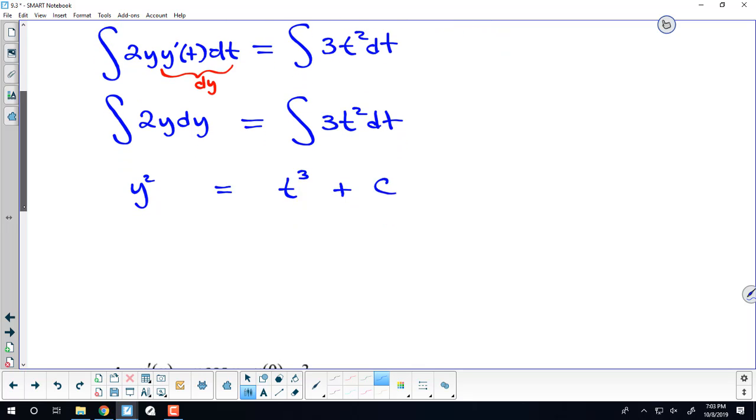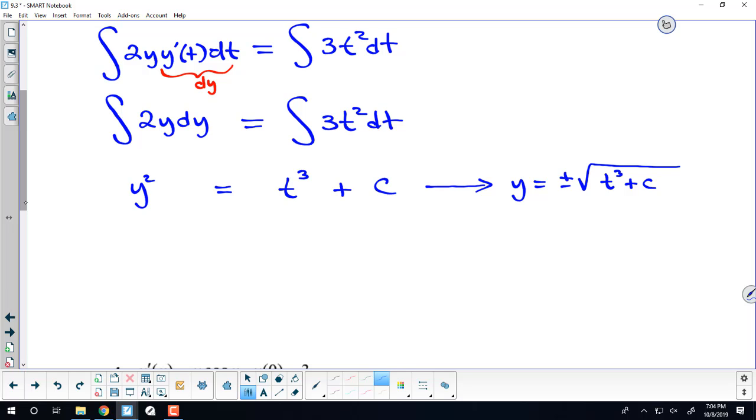Okay. From here, there's a couple of options, but let's just go ahead and solve for y. Plus or minus the root of t cubed plus c. And then see if we can do a little bit better than that. Do we actually need the plus or minus root? Is there anything that would tell us?